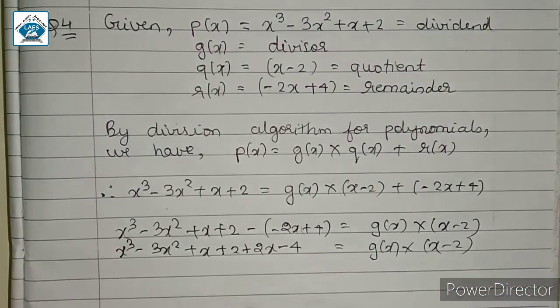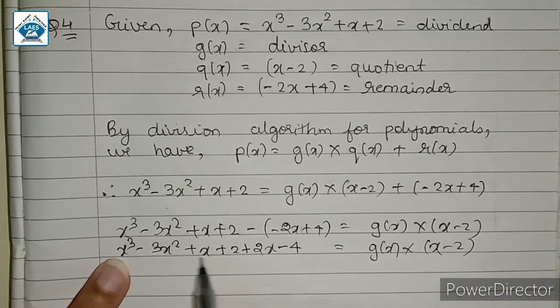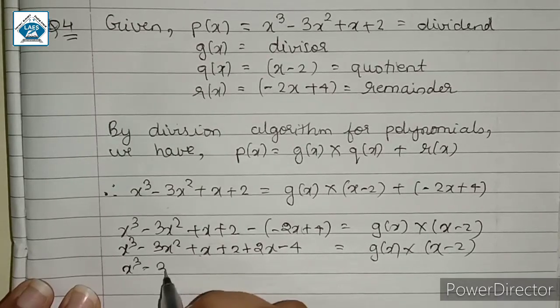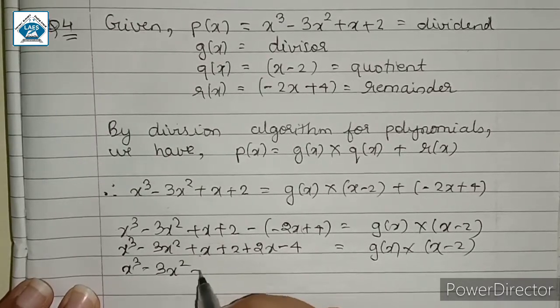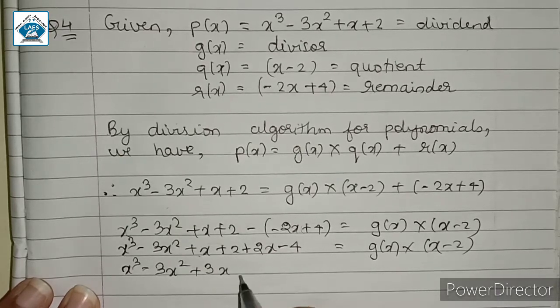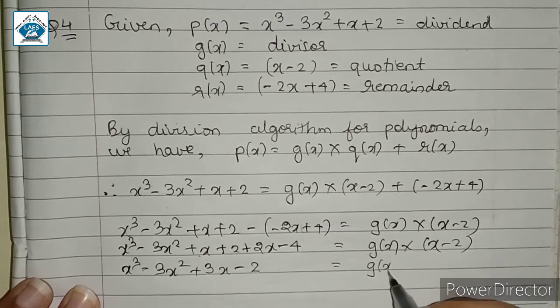Now we will solve if we have any like terms. So here we have x and here it is 2x. So x plus 2x we get 3x. So x³ − 3x² + 3x, and then we have plus 2 and minus 4, which gives −2, equal to g(x) into (x − 2).